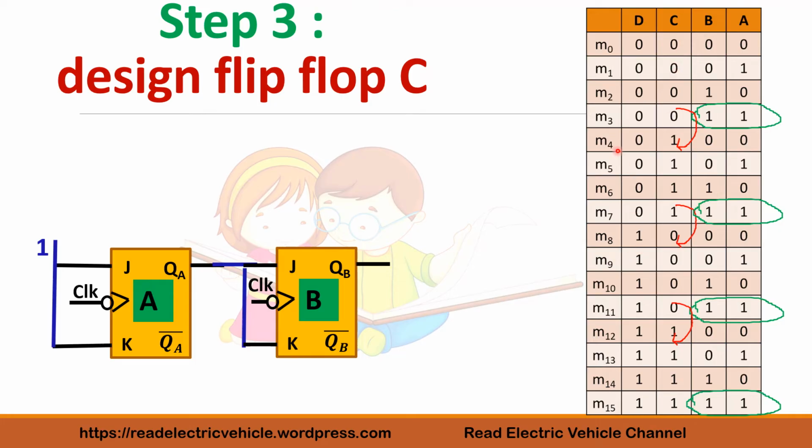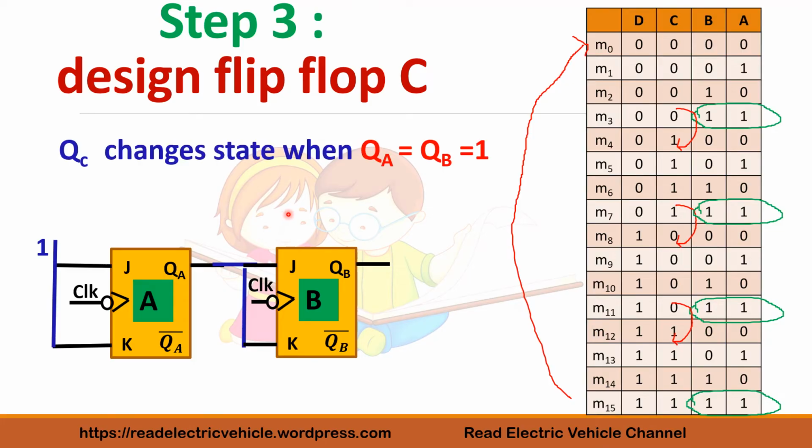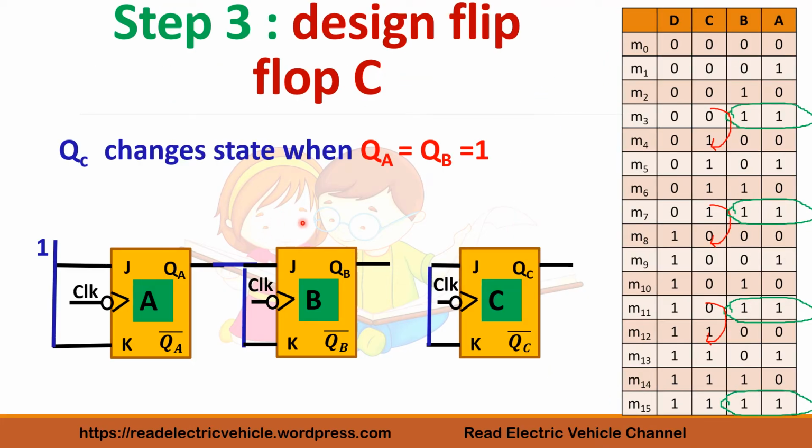So we have to make sure that both A and B flip-flops are giving high output. So this can be checked by using an AND gate. So you give an AND gate here and give these as input, and the output of the AND gate can be given to the third flip-flop. So only when these two flip-flops are giving high output, J and K of the C flip-flop will receive high output.